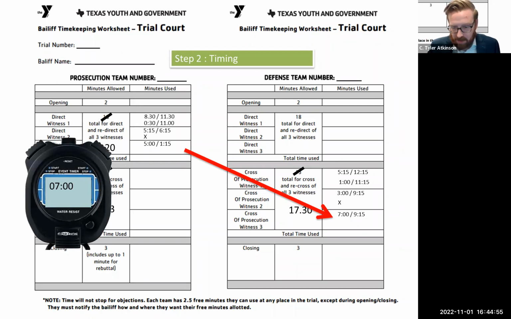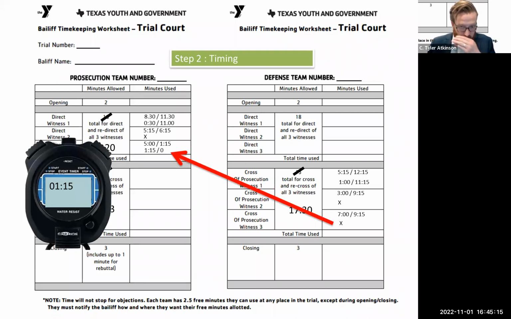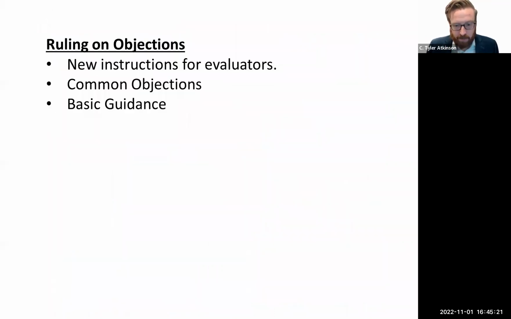On the cross of the third witness, there was 7 minutes used, and that should reflect 2:15 left, not 9:15 left, because 9:15 minus the 7 minutes. And then I'm showing here that they ran out the clock. So if that was 1:45 left, they would have used the 1:45 and had 0 remaining.